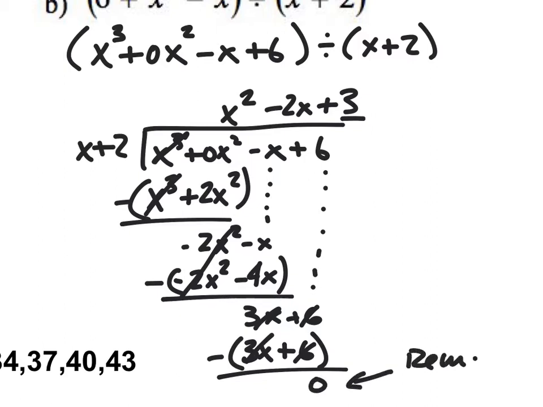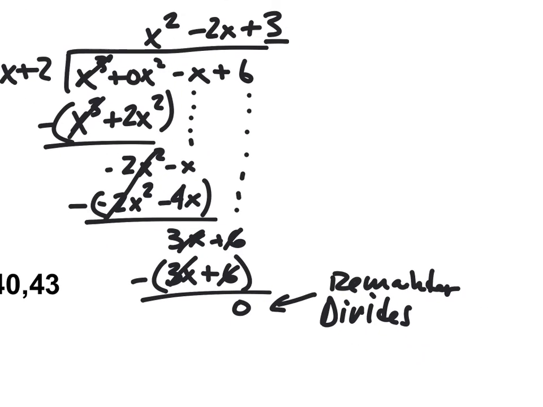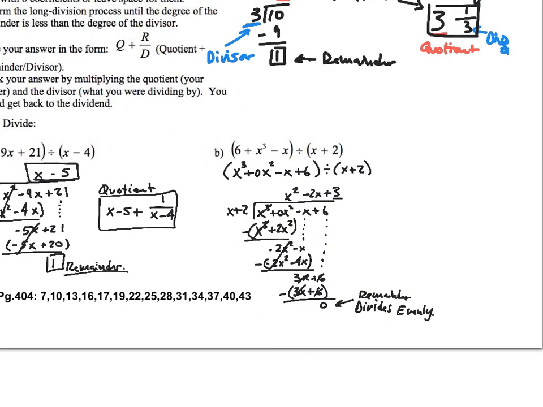Because I have a remainder of 0, this divides evenly, which is something we are always looking for when doing division. Sometimes these don't divide evenly and we get a remainder, and that's not good. But if we get a remainder of 0, this divides evenly.